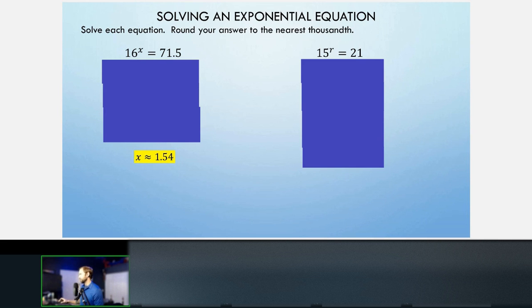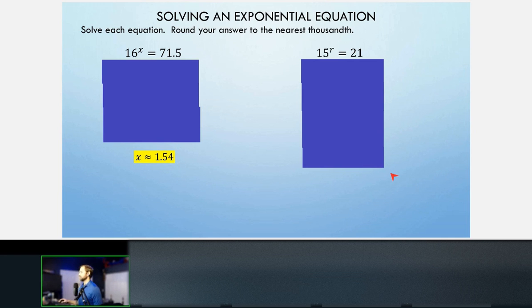Even though it says round to nearest thousandth, we don't have to put the zero because it is rounded correctly. Either way, I wouldn't mark it wrong if you put the zero or not. Preferably you don't put the zero.